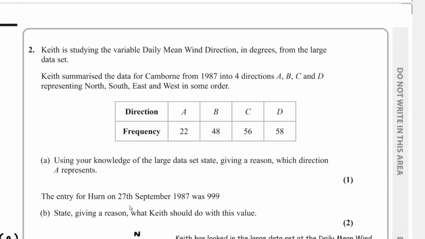The entry for Hurn on the 27th of September 1987 was 999. Part B, state giving a reason what Keith should do with this value.